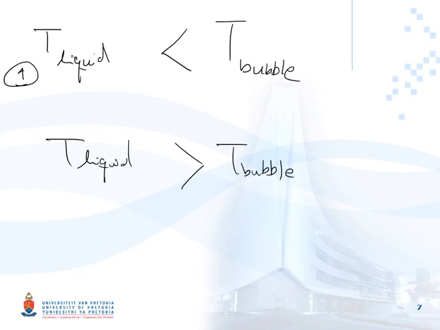But if the liquid is at a higher temperature than the bubble, case number 2, heat will be transferred from the liquid to the bubble. Then the bubble will grow and rise to the top of the surface under the influence of buoyancy.